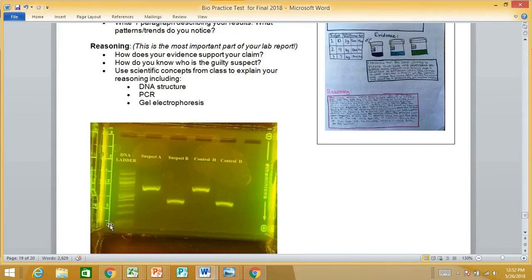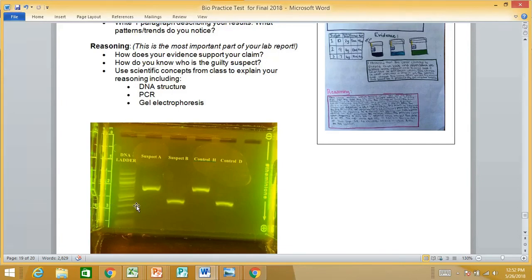So can you tell me, are you going to have the shortest size DNA at the bottom coming away from the well, or are you going to have the shortest one at the top? Well, the shortest DNA is at the bottom. So all these different lengths start out here. It's like a little race, but the shortest ones move faster. And so this enables us to see and to compare how fast they move through this gel with our suspects and our controls.